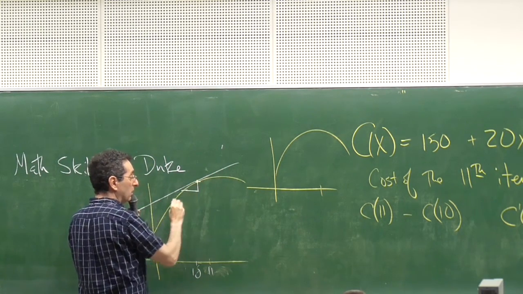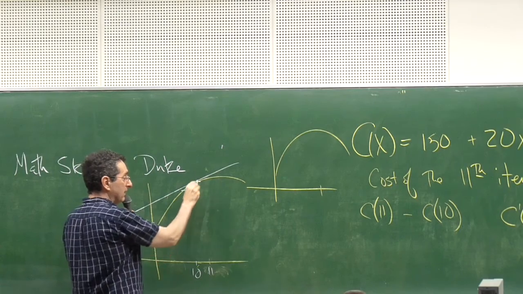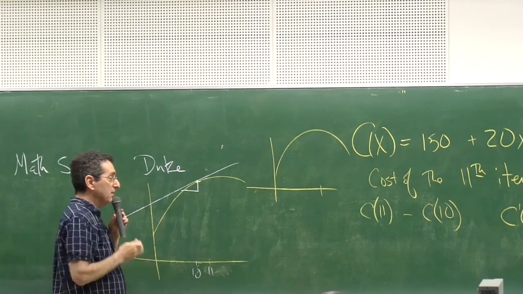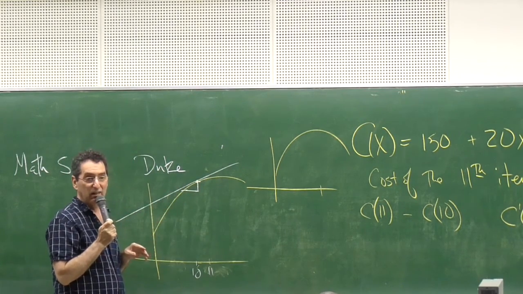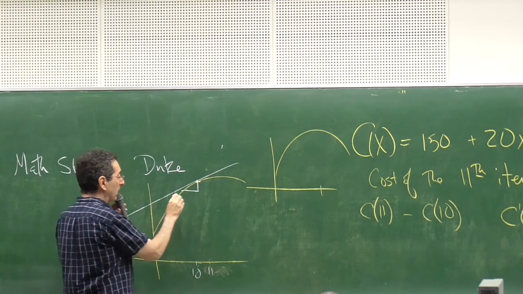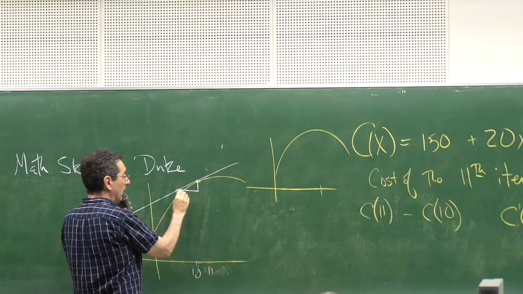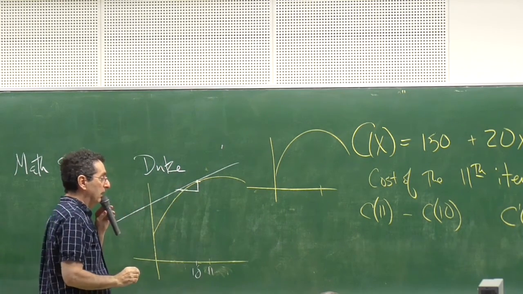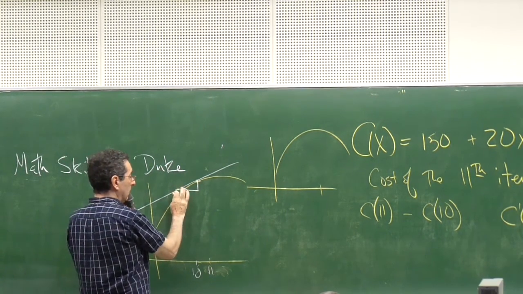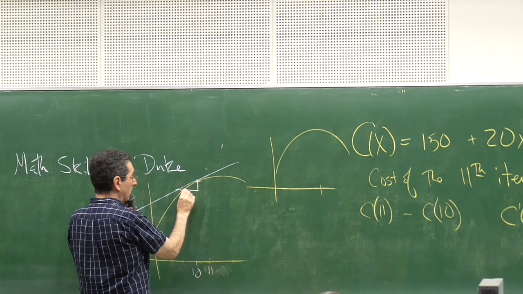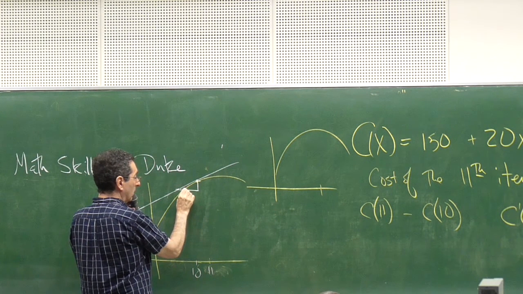This line, but this length is exactly the slope of the tangent line, or pretty close. Sorry, not exactly. What's the slope of the tangent line? Here, go 1 unit.